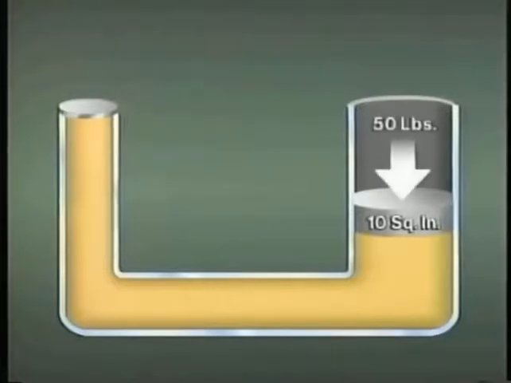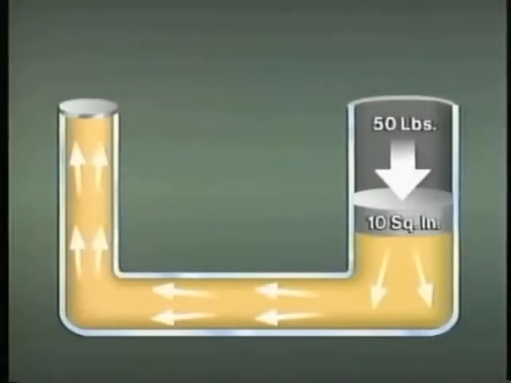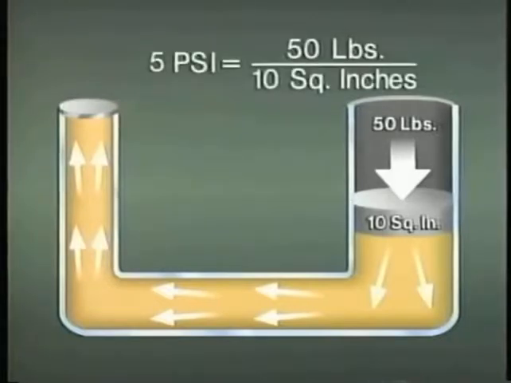Now, let's see what happens when we apply a 50-pound force to it. Since pressure is equal to the force, 50 pounds, divided by the surface area, 10 square inches, on which the force is applied, this amounts to 5 psi throughout the containers. So, even though a much larger force was applied to this piston, because the piston's surface area is much larger, the resulting pressure is the same as that created on the other side.